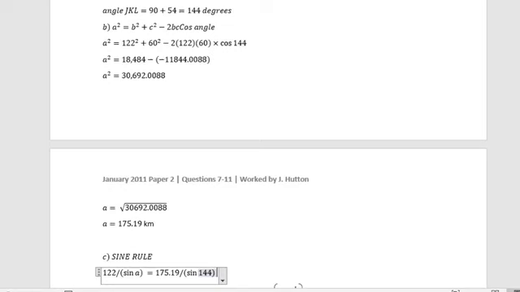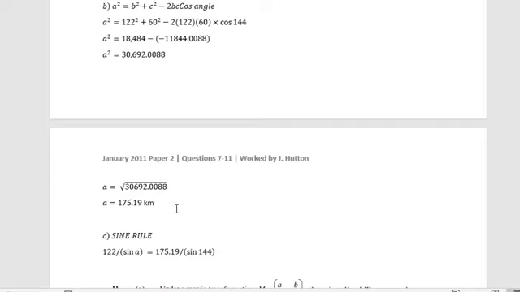And when we do that cross multiplying, what we'll get is the sine angle being equal to 122 multiplied by sine 144, and all of that is divided by 175.19.